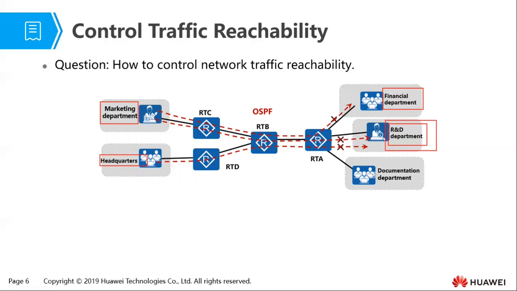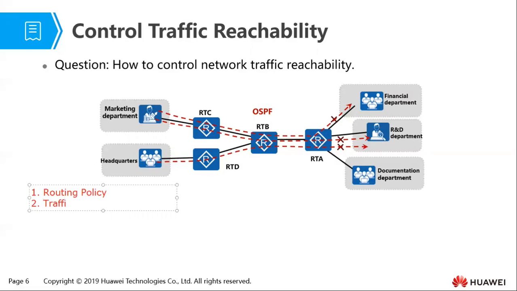The HQ cannot access the R&D, but maybe all of them can access the documentation department. Now, as I've said, to do traffic control reachability, you can use one of 2 methods. The first one is what we are calling routing policy. And the second one is what we're calling traffic filter. So what's the difference between these 2 methods?